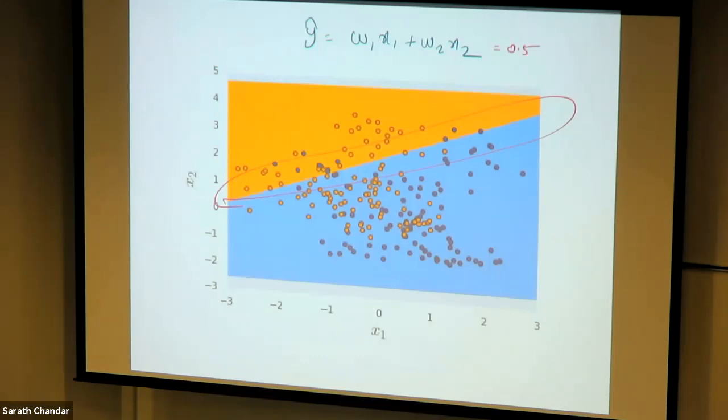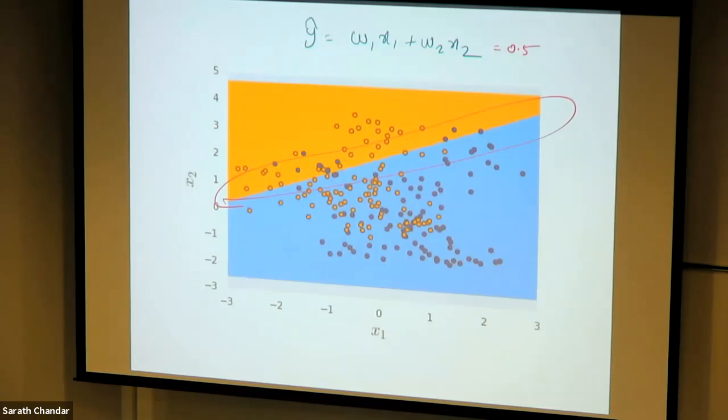I believe you have seen how to visualize such equations in your Python tutorial. If you missed the tutorial, you can go and see how to plot these kinds of decision boundaries. What I have done here is I first find W1 and W2 by using linear regression. Now I have W1x1 plus W2x2 is equal to 0.5. That is the line I want to draw. So you try different values of x1 and x2 that satisfy this equation, and you plot it.